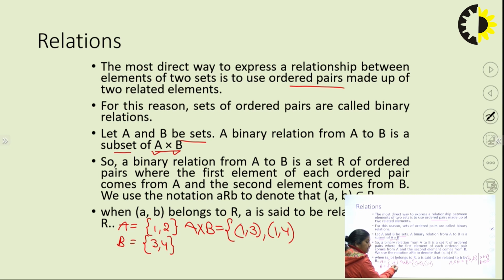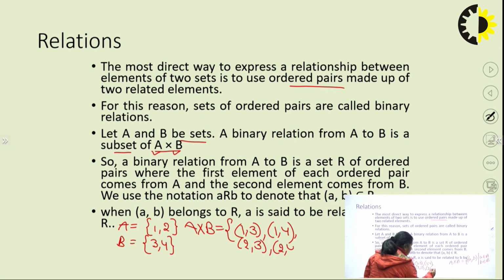In the same way, another element in set A is 2, so I can take 2, 3 and 2, 4. So I have all the possible ordered pairs such that the first element of the ordered pair is from set A and the second element is from set B.